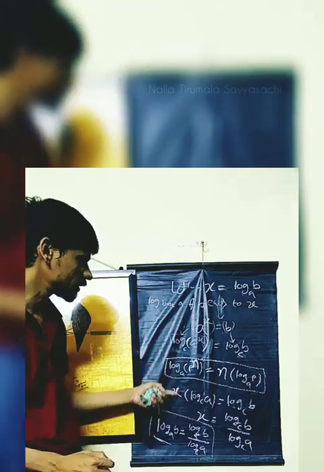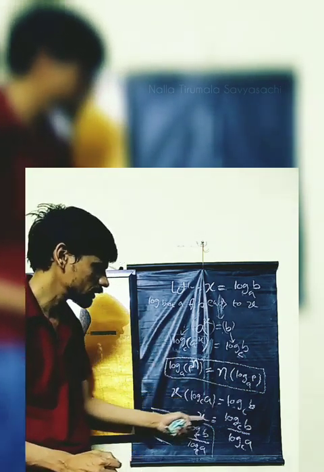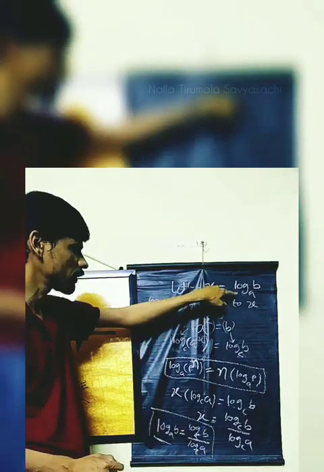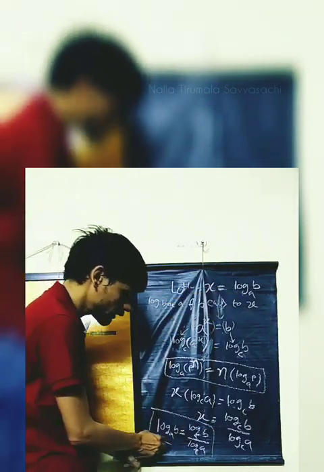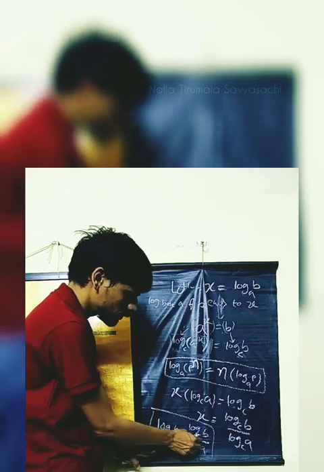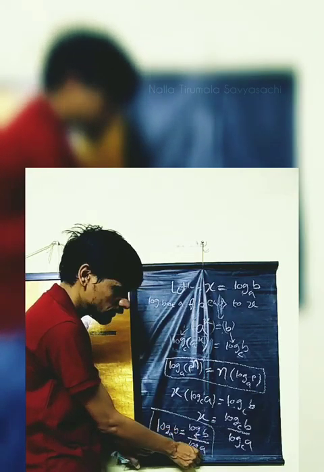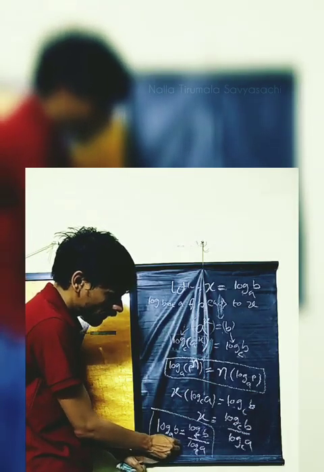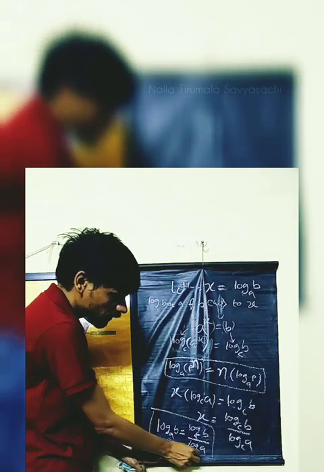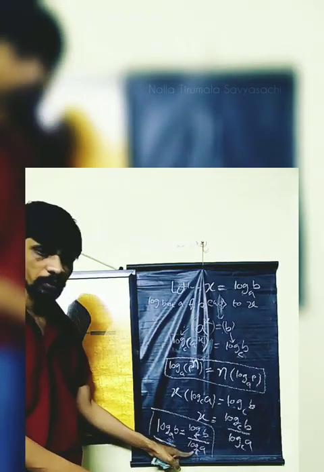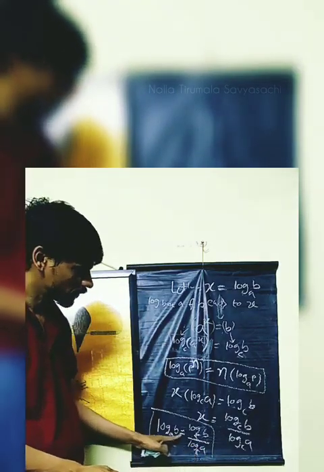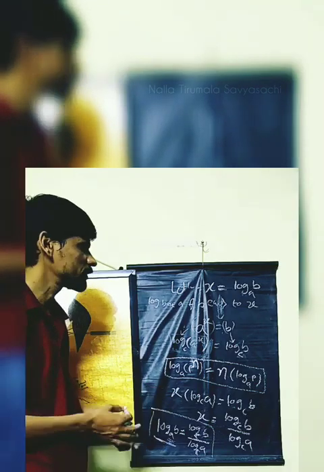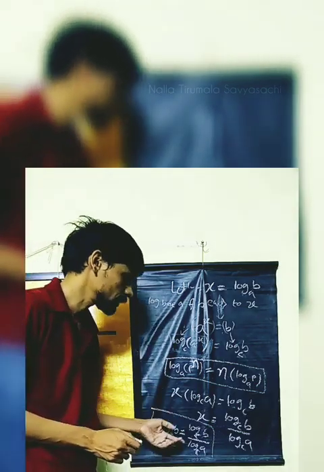So we translated it into this format and got the x value. Finally, log a b equals log c b by log c a. Even though I don't know about this base, I can calculate this value using my known base. This is the change of base.